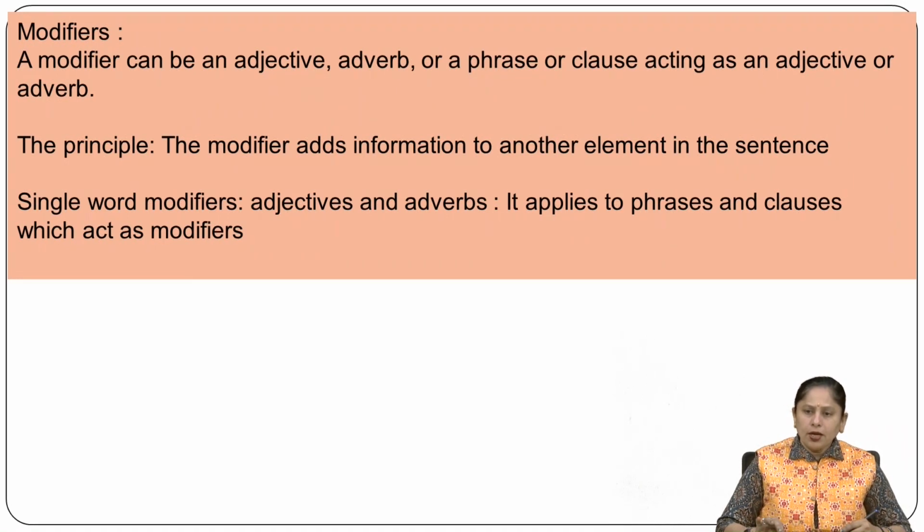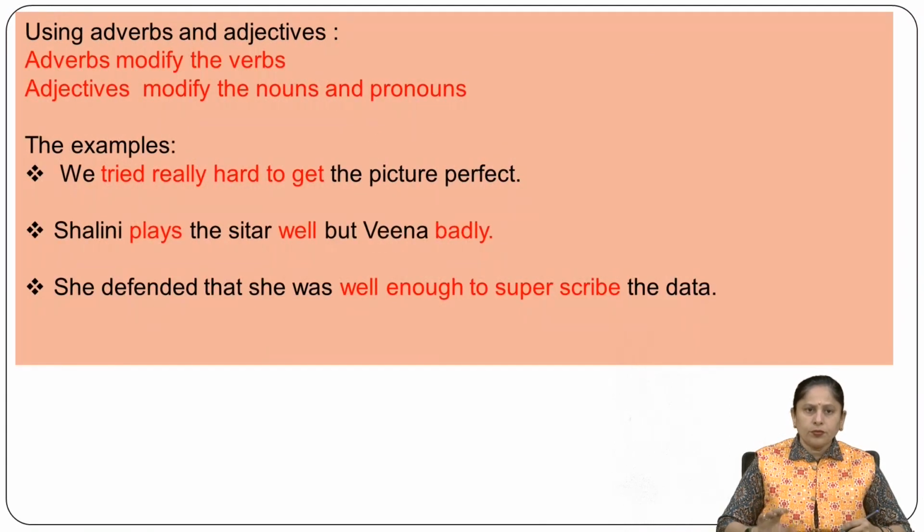Let us go and understand the list of modifiers which are mentioned in front of you. Look, using adverbs and adjectives, adverbs modify the verbs. Generally, there are two kinds of modifiers, adverbial modifiers and adjectival modifiers.